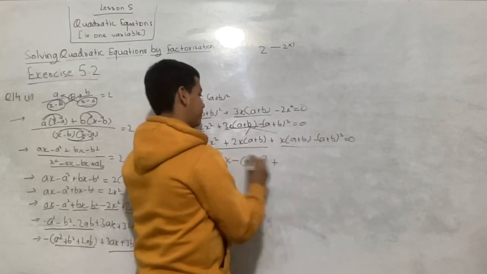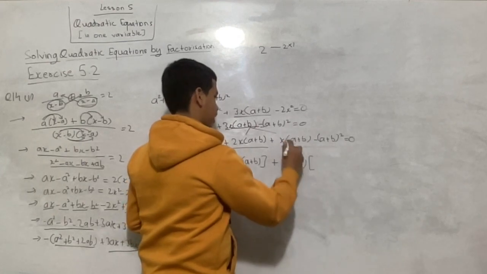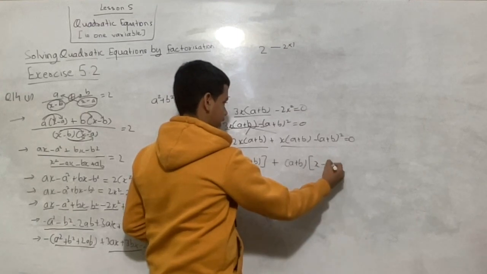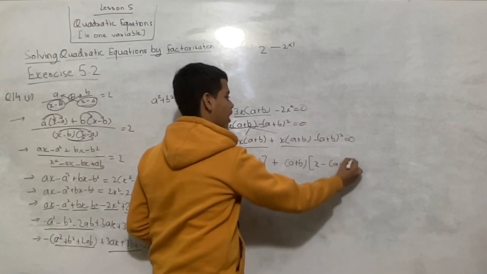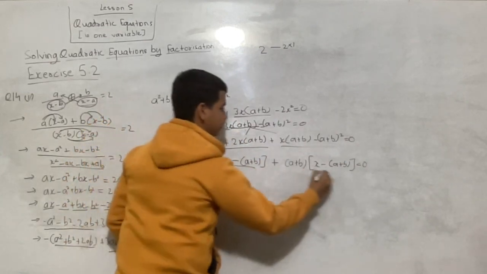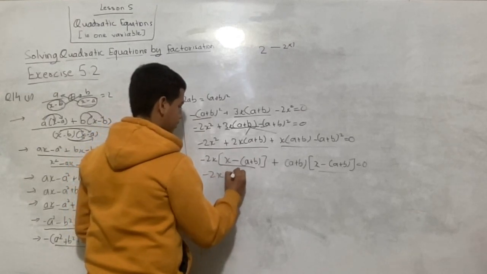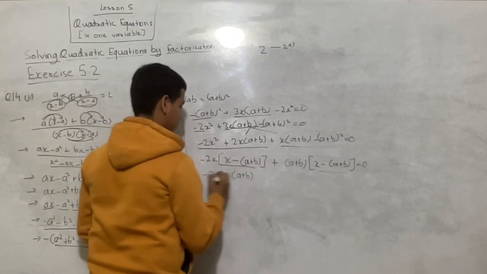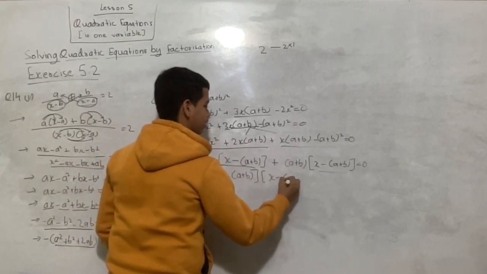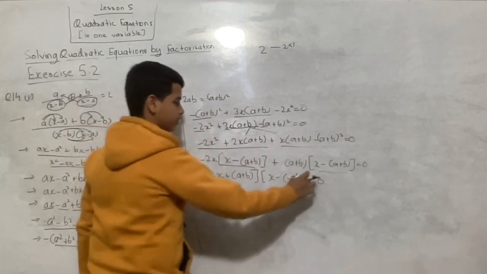What is common here? (a plus b) is common, plus (a plus b), and here I have x left, and here I have minus (a plus b) left, equal to 0. Now notice, this and this is the same, so we can do minus 2x plus (a plus b) into x minus (a plus b), which is equal to 0.